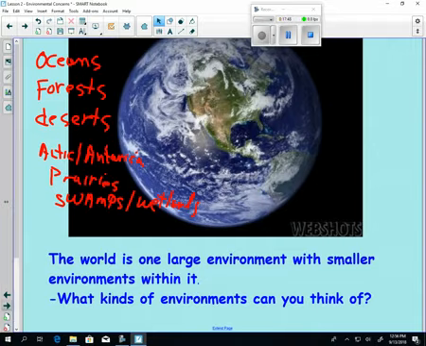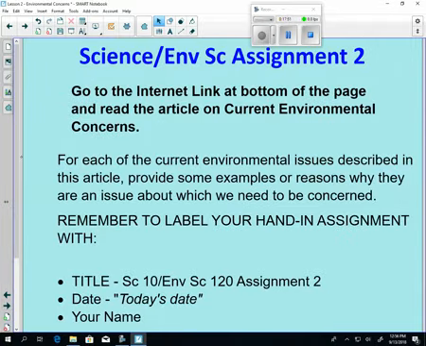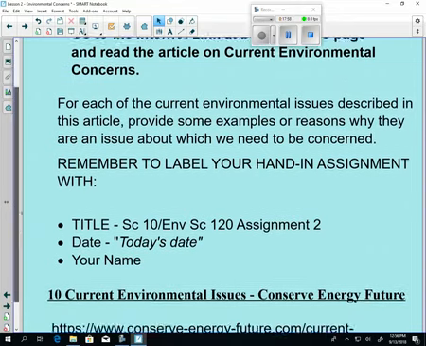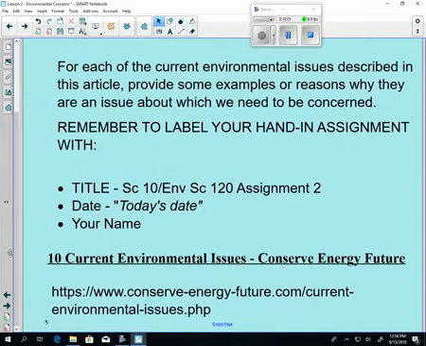Okay. So on the assignment page, I'm going to ask you to go to the link right at the bottom of the page. You're going to be able to type this in, or in some cases you might be able just to tap on it. I don't know whether it works on your Dropbox or not. You'll see the name of the article is 10 Current Environmental Issues.